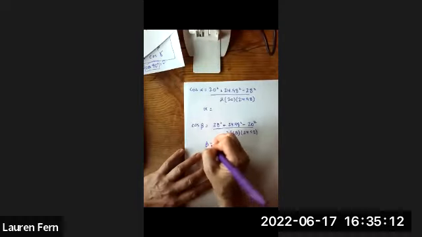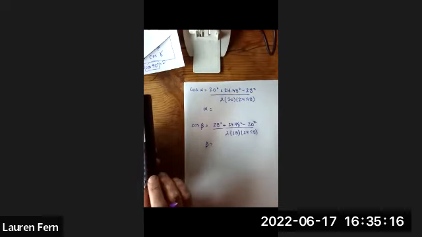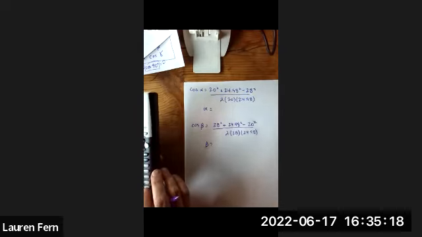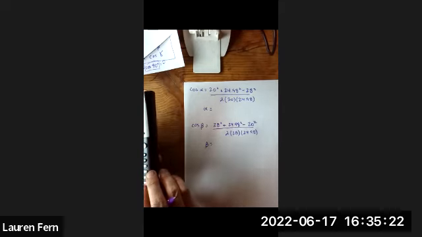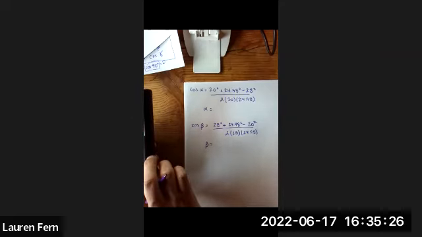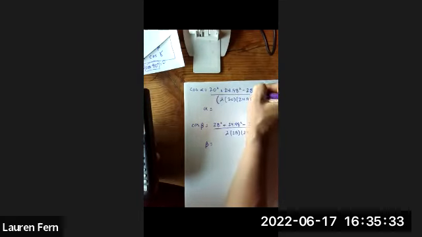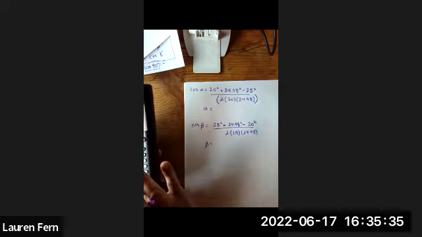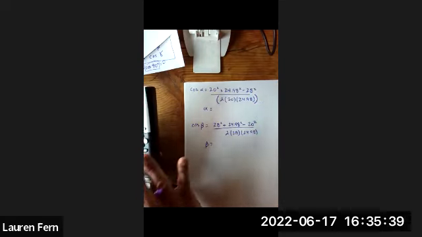And so now it's a matter of doing these computations. Thank goodness for technology. So 20 squared plus 24.98 squared minus 28 squared, and then I'm going to divide that by this whole quantity. Remember, when you're dividing by a whole quantity, put the whole quantity in parentheses. Your calculator knows its order of operations.